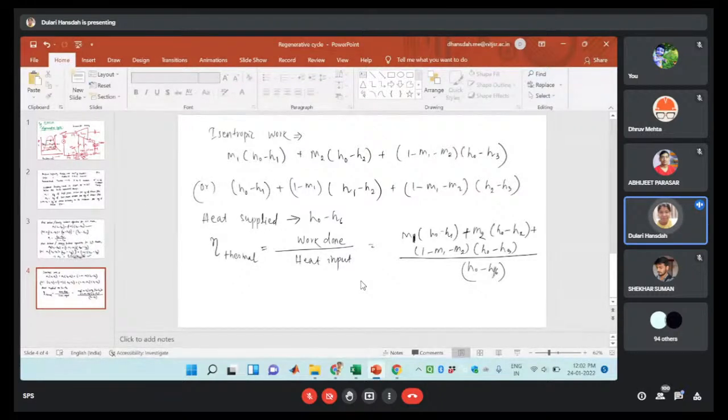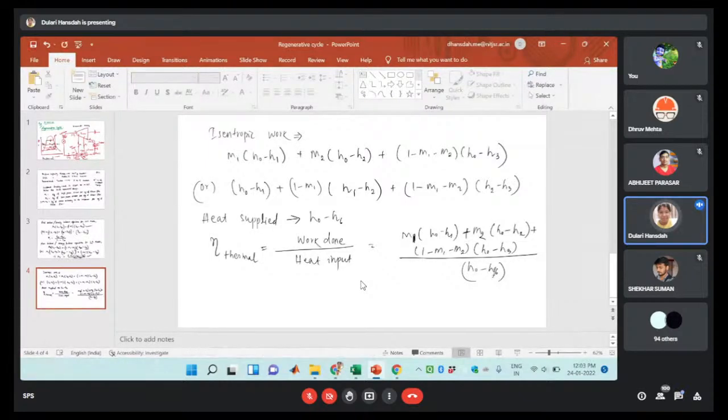So you can write it as HF6, as it is better, because always we are using this term. So this enthalpy we can determine from the Mollier diagram. Then we can find out M1 and M2. Okay, so then we can find out what is the thermal efficiency. So it is about your regenerative cycle.